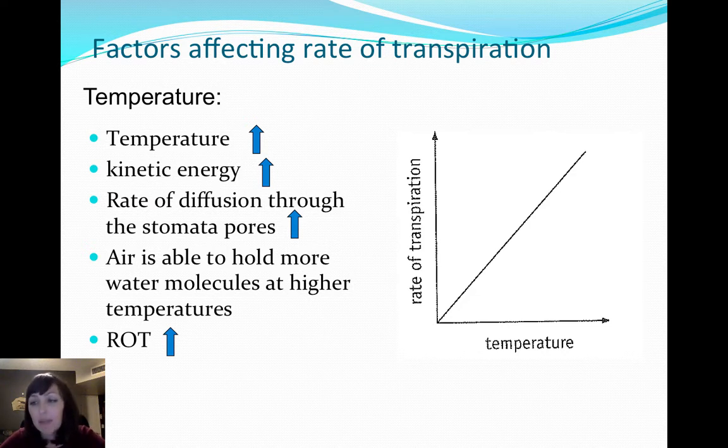But again, at a certain point the system would start to break down. If the plant got too hot, evaporation would be occurring too quickly, the plant would start to suffer, and the rate of transpiration would decrease. But for the most part, when temperature increases, transpiration increases as well.